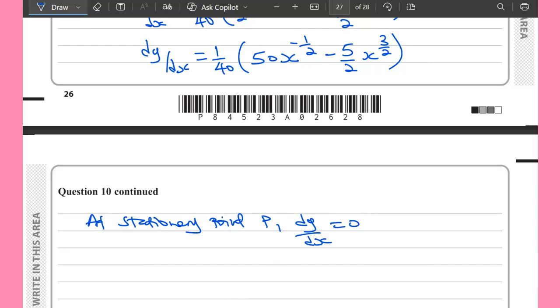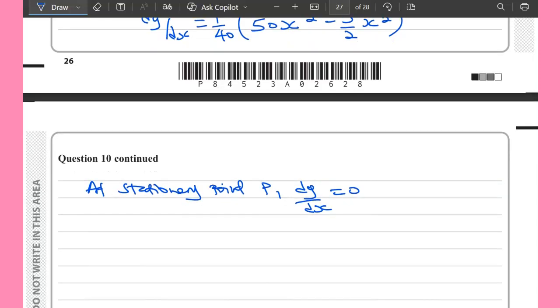Therefore we equate the gradient function to 0, which will be 1 over 40 times 50 x power negative a half minus 5 over 2 x power 3 over 2, equals 0.